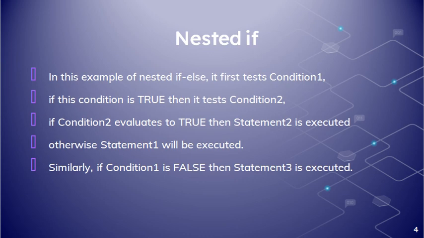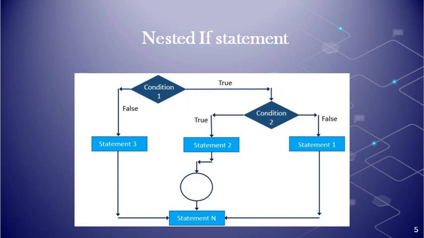We can see the flow diagram of a nested if statement. Here first condition 1 is checked. If it is true, then condition 2 will be checked, and if condition 2 is true, then statement 2 will be executed. If condition 2 is false, statement 1 will be executed, and if condition 1 is false, then statement 3 will be executed.